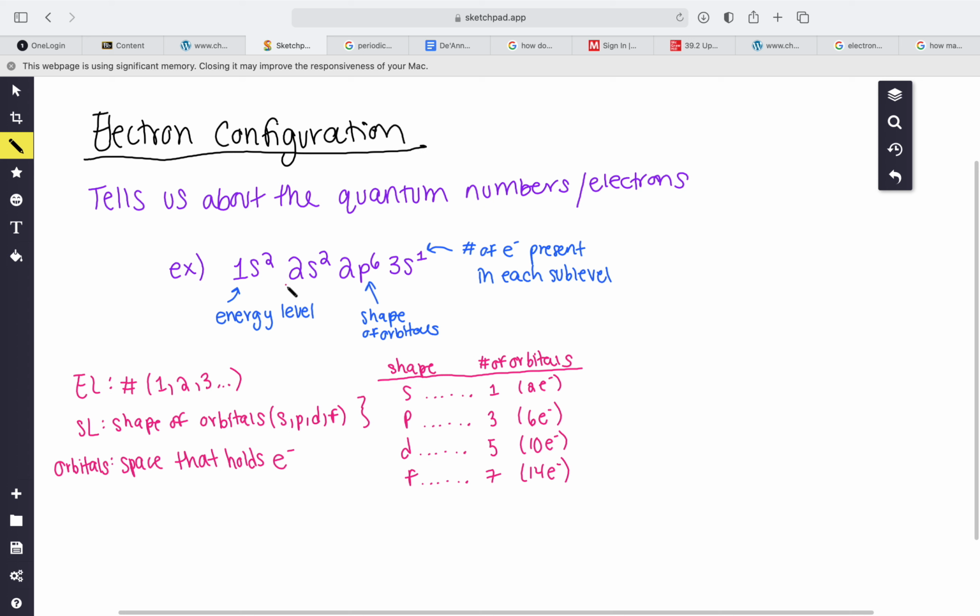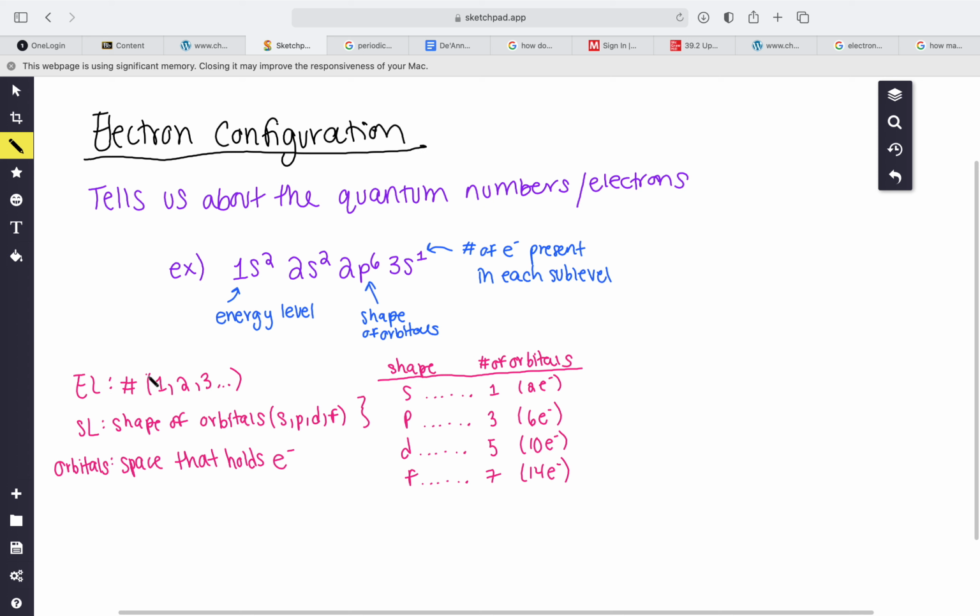And then the letter, so S, P, D, F, eventually we'll get there, is the shape of the orbitals. And then the little exponent at top tells us the number of electrons present in each sublevel. So just to give you some terms to know, energy level is again N, the number of energy levels.